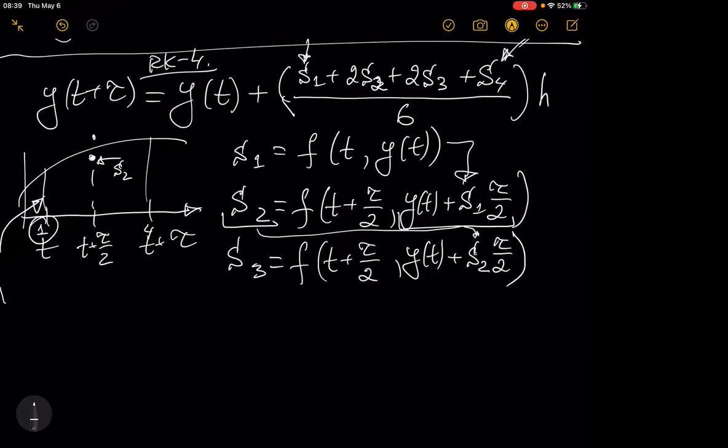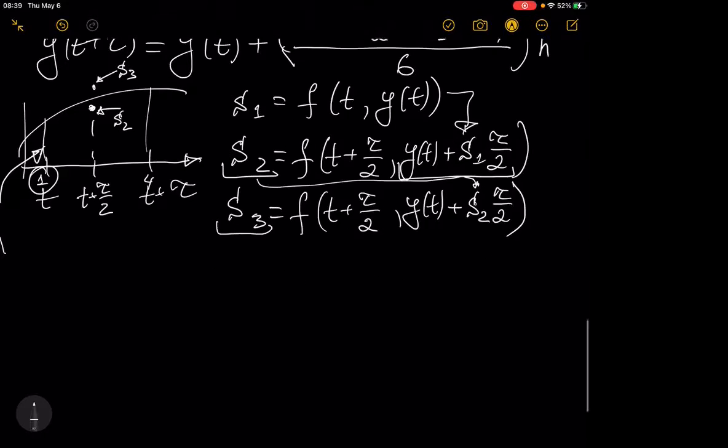And this is your S3, the value of your function again at the midpoint, just evaluated using a different slope.